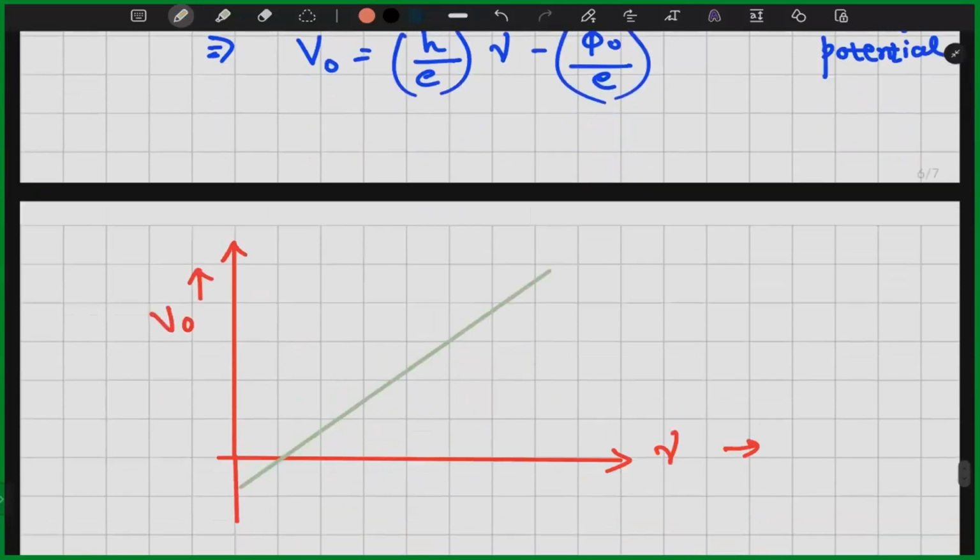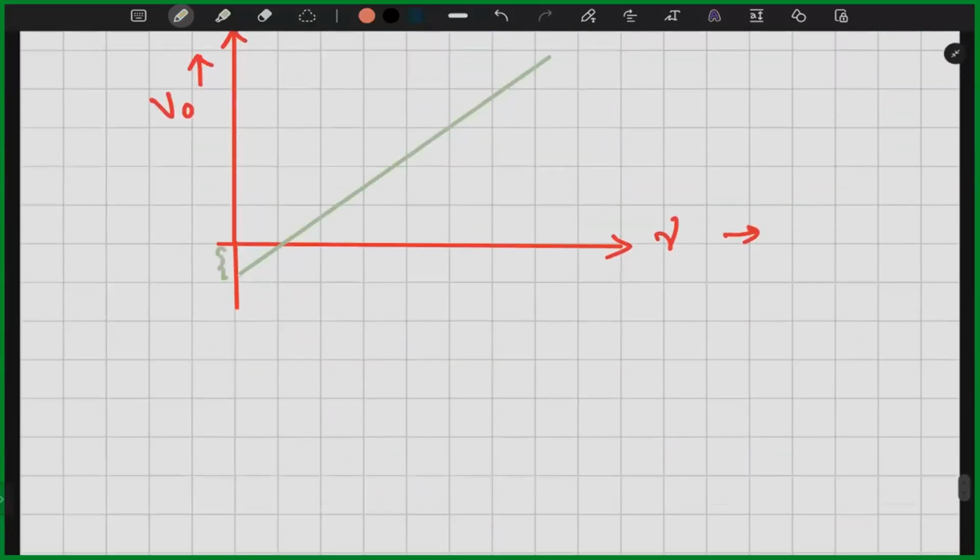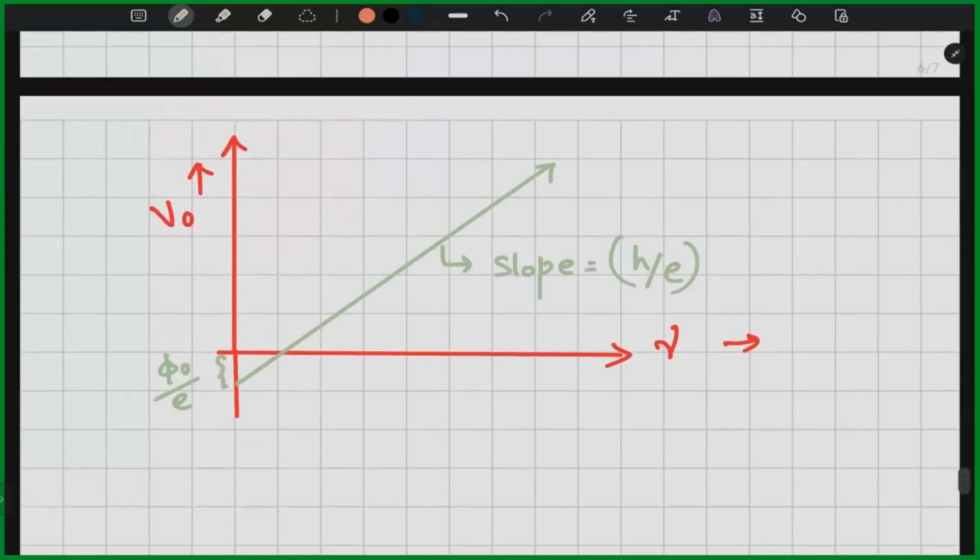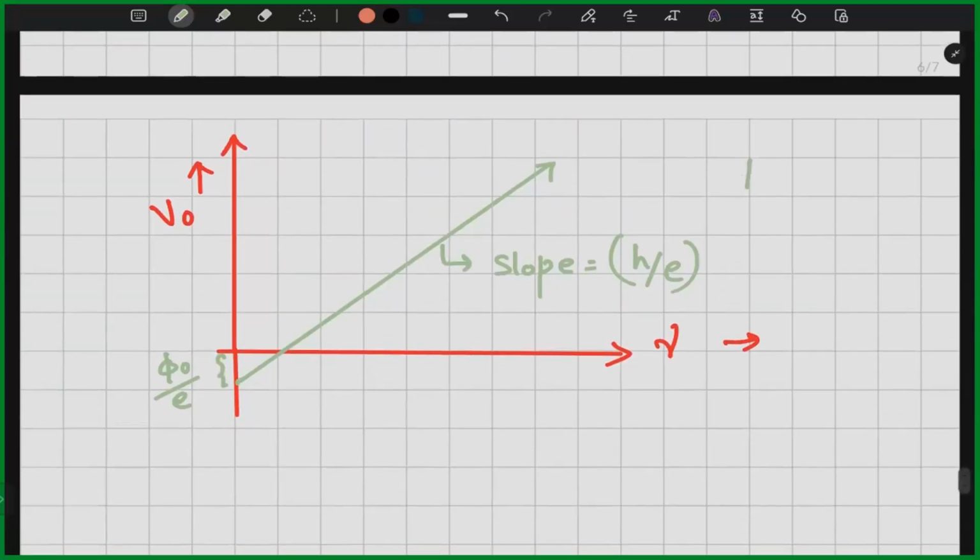This intercept is phi naught by e, and the slope is h by e. We already have this graph, these results. So from the slope of the graph, we can evaluate h by e, and phi 0 by e. E is the electric charge of the electron.